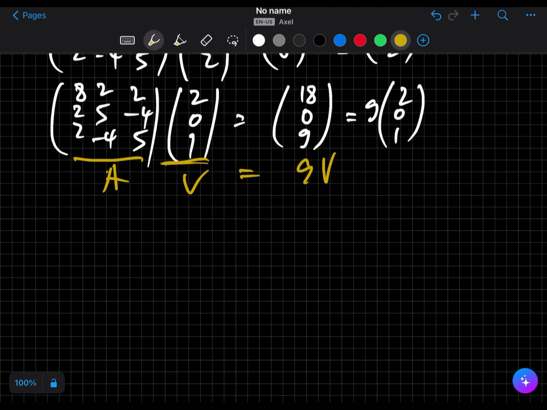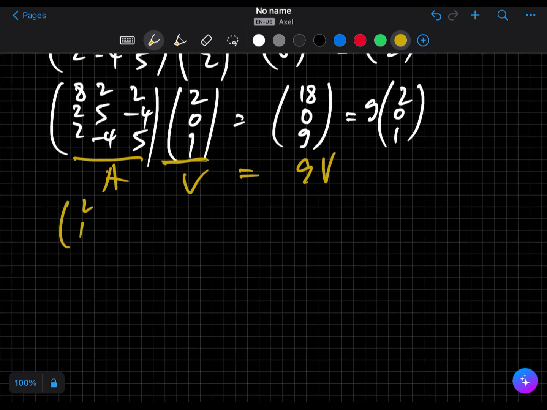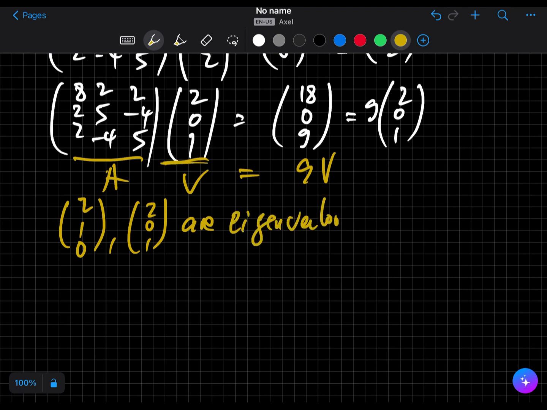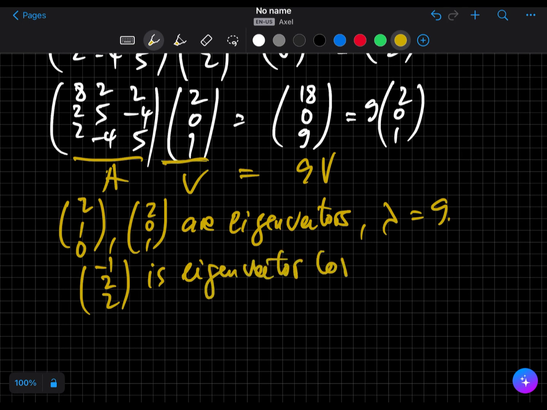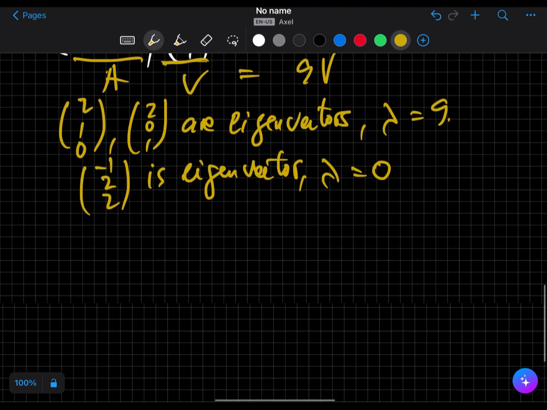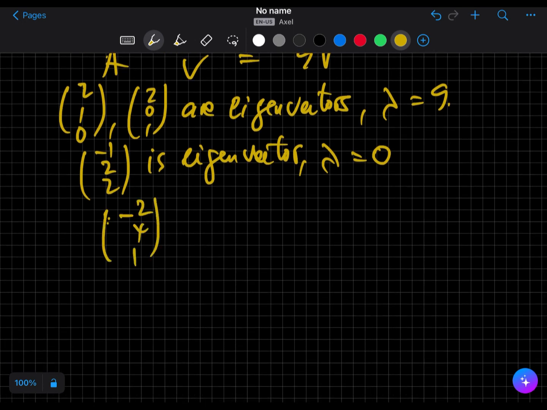So we definitely have that (2, 1, 0) and (2, 0, 1) are eigenvectors corresponding to lambda equals 9. And then (-1, 2, 2) is also an eigenvector corresponding to lambda equals 0, and (-2, 4, 1) is not an eigenvector.